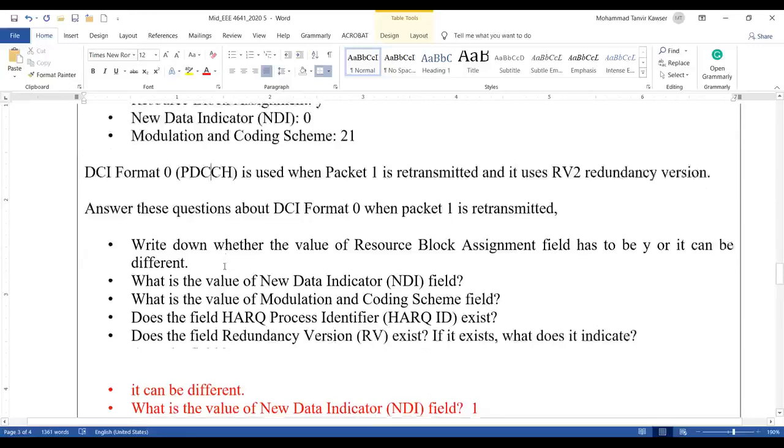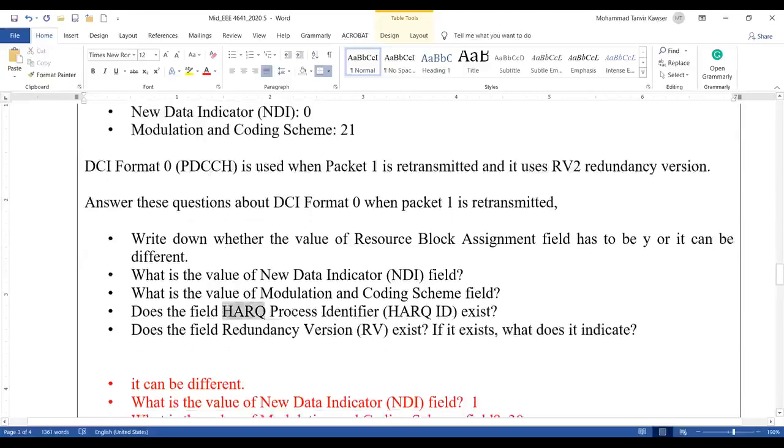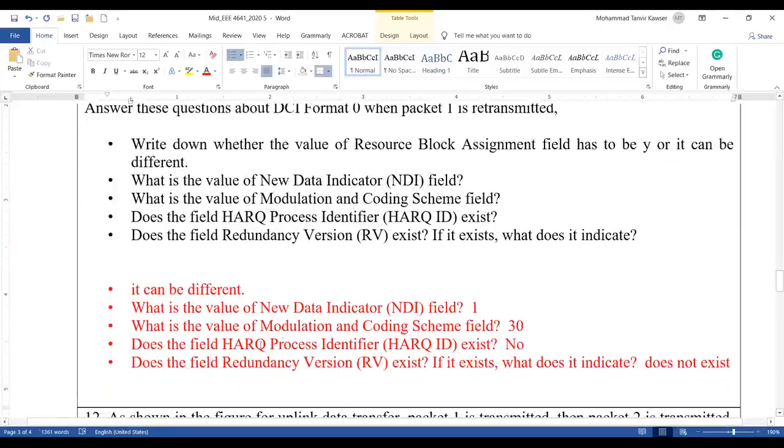So that is why HARQ ID is not required. The different packet flows, transmissions and retransmissions for a particular packet, and then for another packet, are already identified by their timing, which subframes they are using. So HARQ ID is not required in uplink. HARQ ID is not present in the case of retransmission.